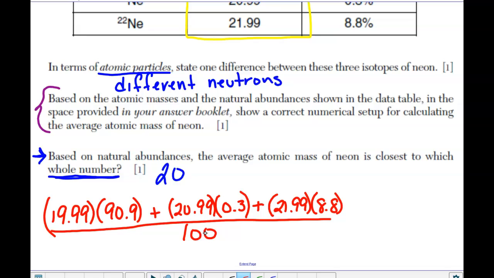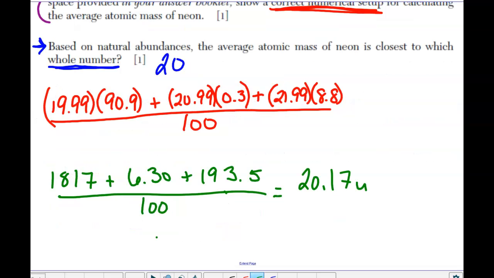So go ahead and solve that out while you have it all set up. This is all you would need for the correct numerical setup. So that would get you the point on the Regents. But let's solve it for fun. So when I solve this all up, I get 20.17. Now, go back to the reference tables and check.